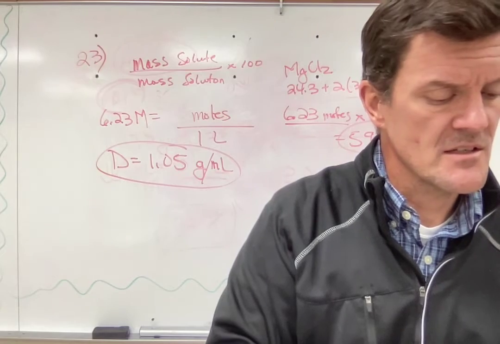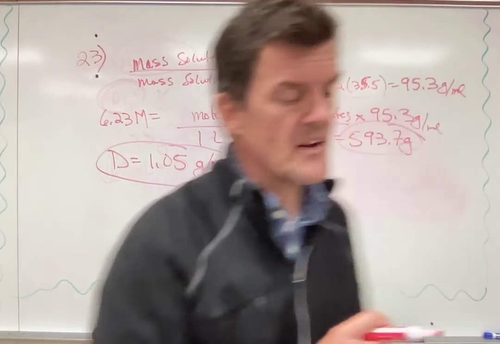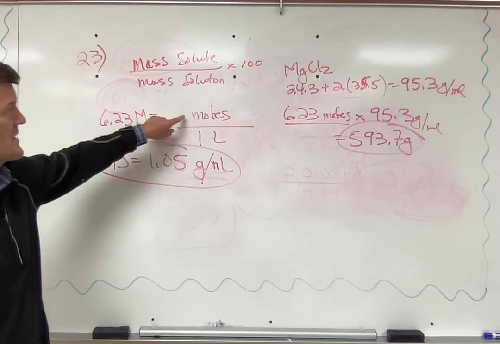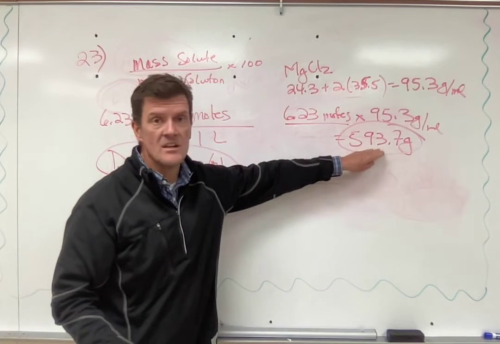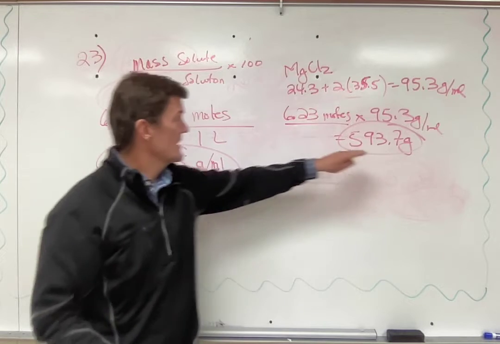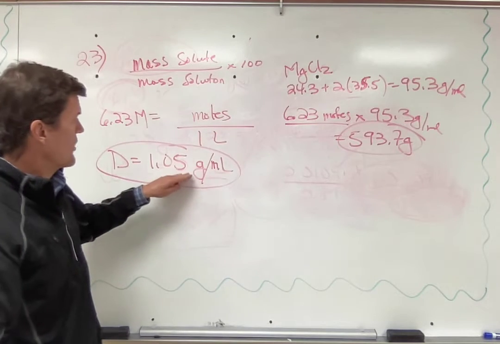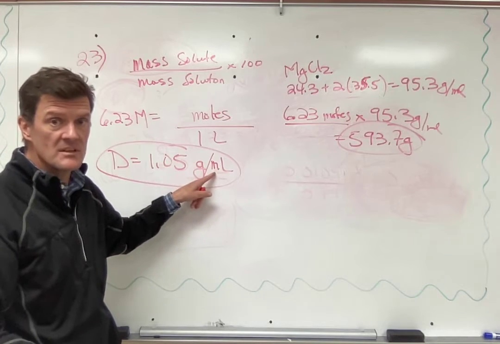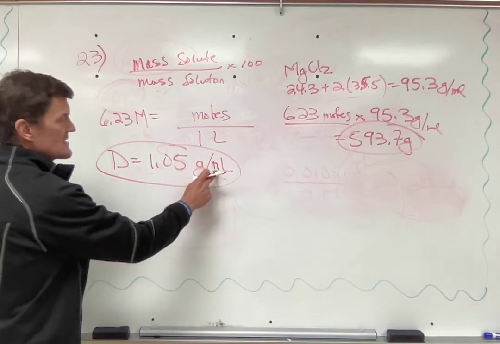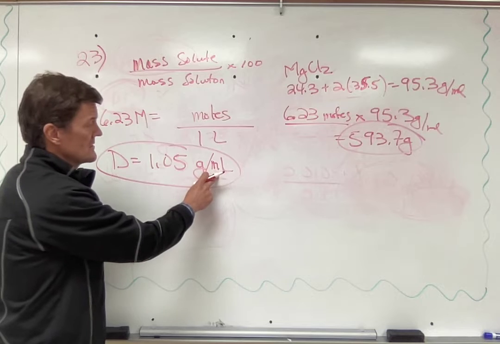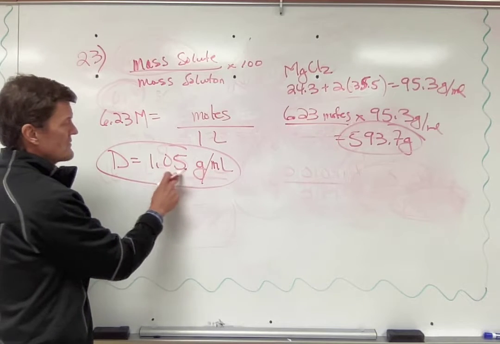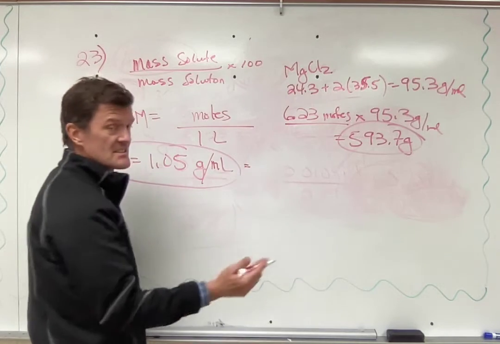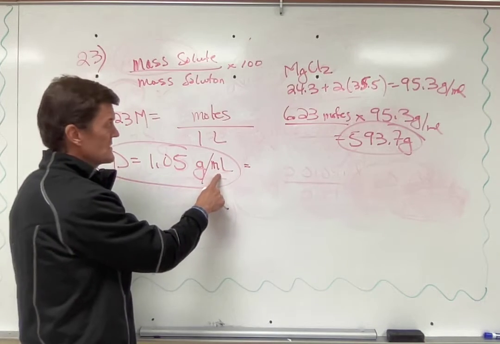This is not for a liter, this is for a milliliter. So I would multiply this by 1,000. If it's 1.05 grams for a milliliter, then it's going to be 1,000 times that for a liter, because there's 1,000 milliliters in a liter.